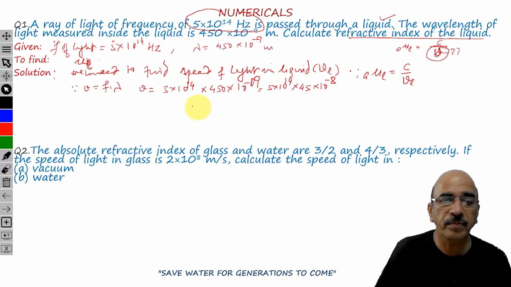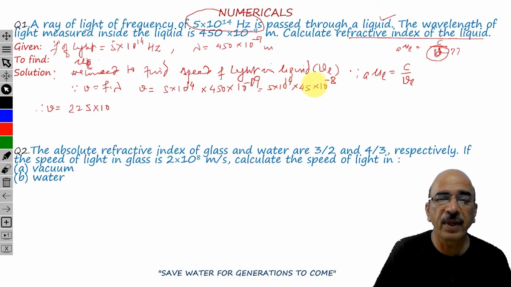सो देयरफॉर कितना हो जाएगा ये, v इक्वल टू, इनको मल्टीप्लाई कर लें, 5 इंटू 45, सो इट विल गिव यू 225. Okay, this will be 225 into 10 raised to power 14 minus 9, which is 5, so 10 raised to power 5.